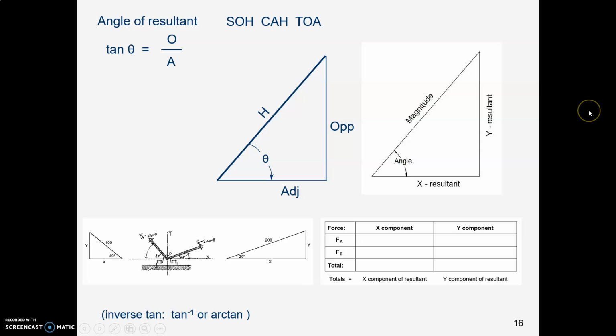Tangent of theta equals opposite over adjacent. So if we're looking for theta, we need the inverse of the tangent. Inverse tan, also known as arctan, of whatever these two sides are, the opposite divided by adjacent, is going to give you angle theta.